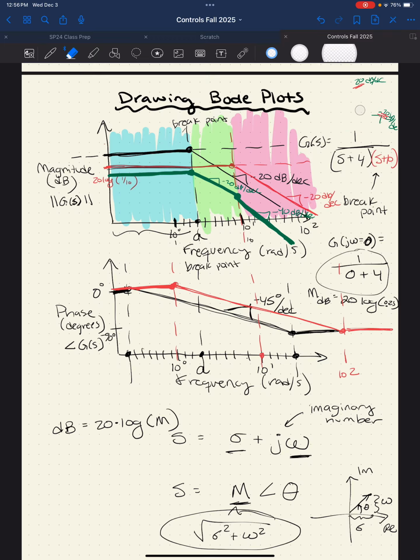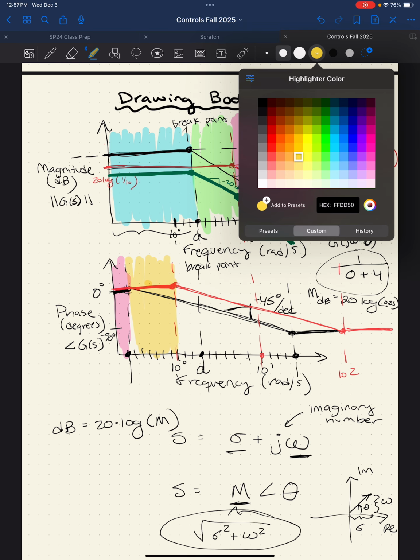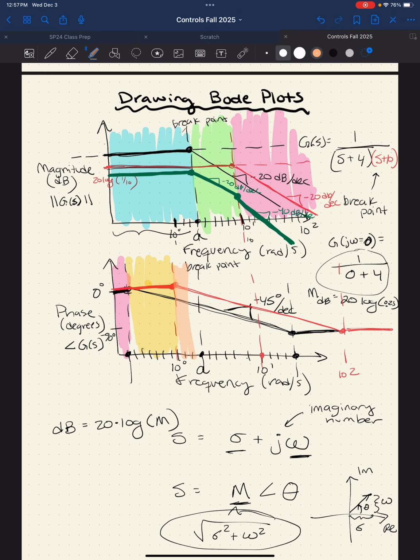Very good. Okay. For the phase, you want to do the same thing. You want to look for regions of constant slope. So I've got a region here. This is different because one of them starts changing. This is different because they're both changing all the way up until here.